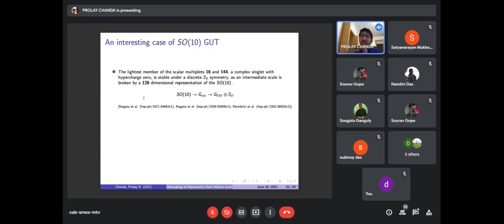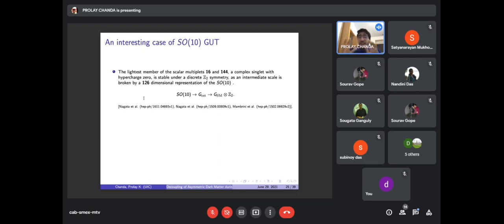So if I consider any model which is beyond the standard model and has at least one rank above, that is 5, let's say, then that can have a symmetry outside of the standard model, which will then be broken into a Z2 symmetry and stabilize the dark matter. One such model can be the grand unified model, which we consider here.